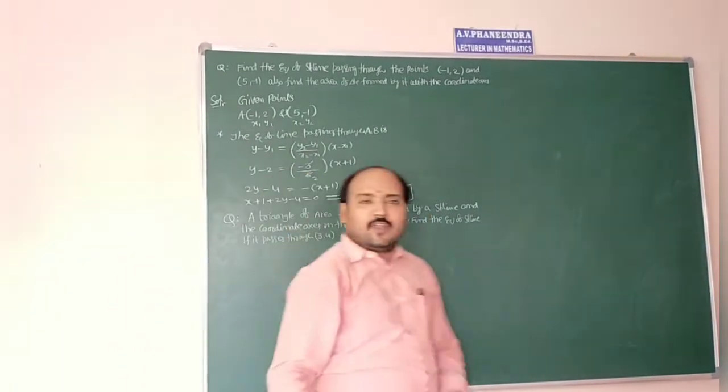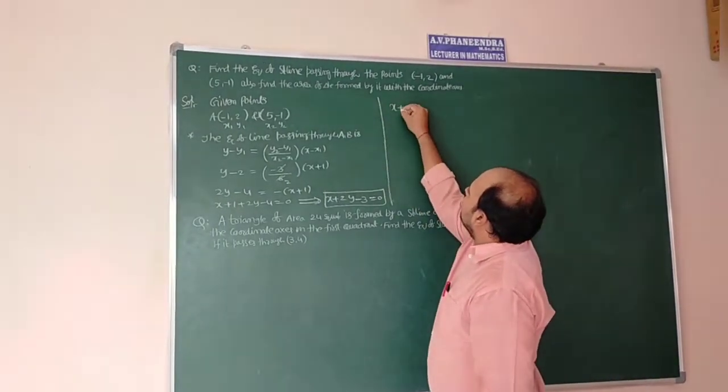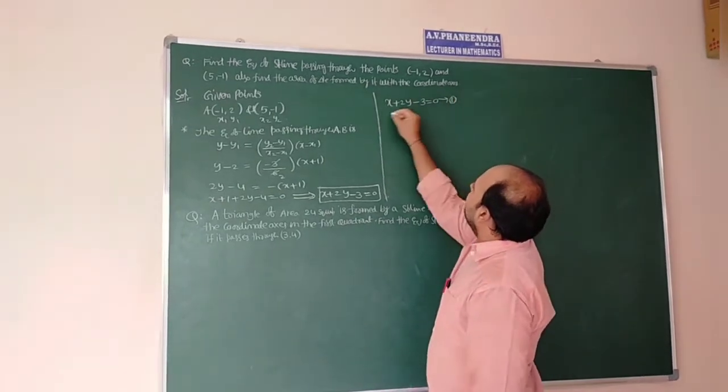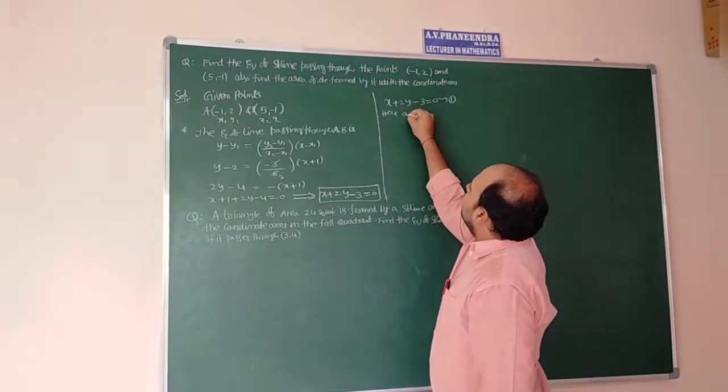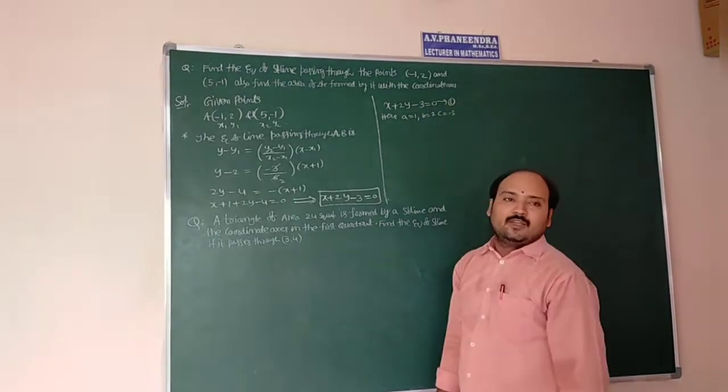After getting this line, we know that x plus 2y minus 3 equal to 0, equation number 1. Here a is equal to 1, b is equal to 2 and c is equal to minus 3.